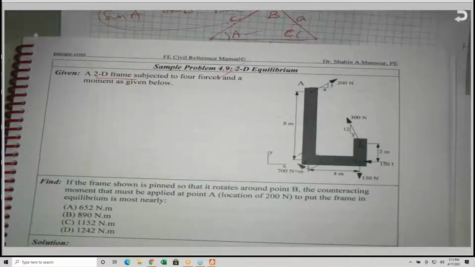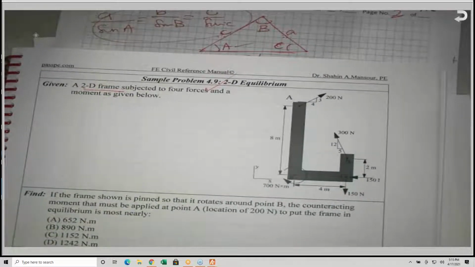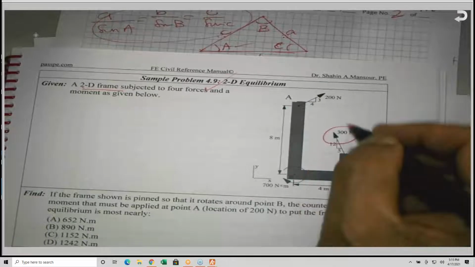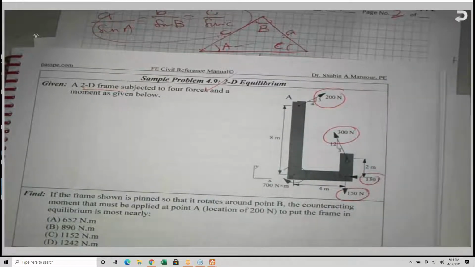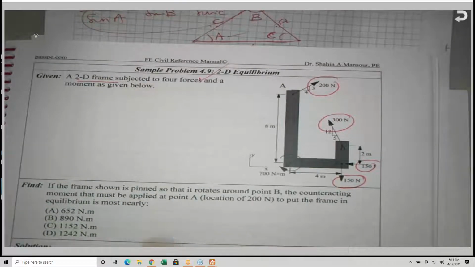If you look at this problem here, problem 4.9, a 2D frame subject to 4 forces and a moment as given. So I have a force here, and a force here, and a force here, and a force here. During the exam, by the way, a common mistake is that if there are too many forces, sometimes we may forget one.